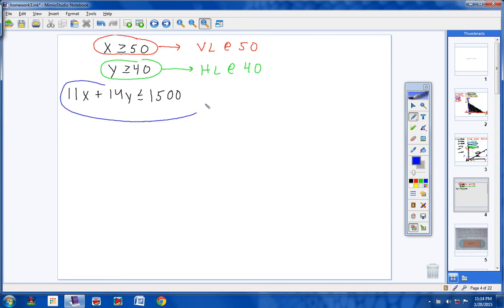We'll do this one in blue. The x-intercept would be, put a 0 in for y, 1,500 divided by 11, 136.4. And then the y-intercept would be 1,500 divided by 14, and that would give you 107.1.